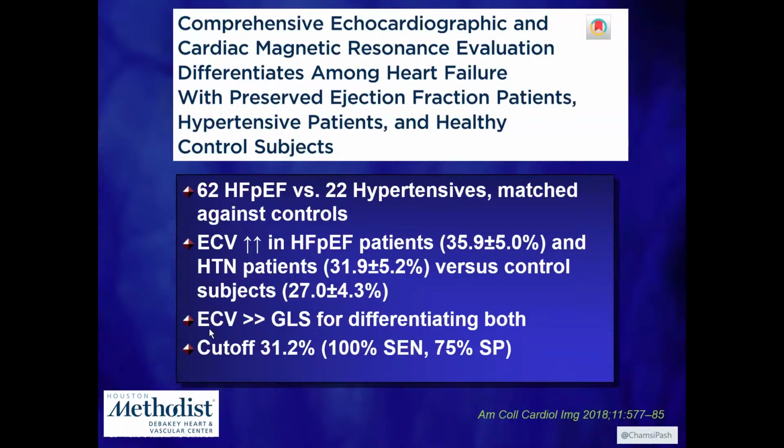And the extracellular volume was actually a better discriminator than the GLS derived from echo to differentiate both conditions, HFpEF and hypertension, with a cutoff of 31%, a sensitivity of 100%, and a specificity of 75%.